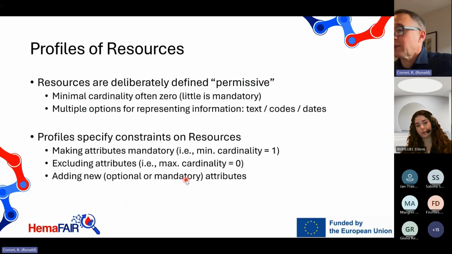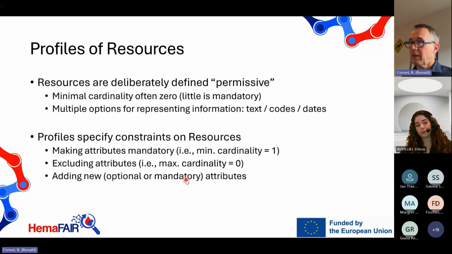So resources are deliberately defined in a permissive way. When you say it has a value, you don't want to be too restrictive, because if you say upfront, oh, this value should be an integer, you couldn't have observations including decimals or having yes/no as an outcome.